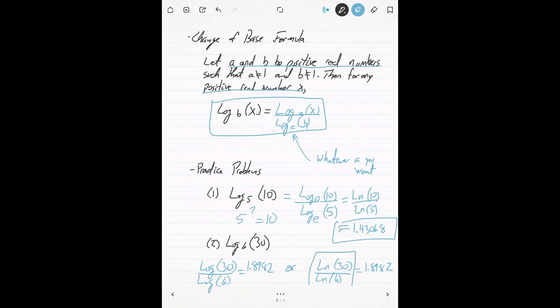Again, that's going to be on all scientific and graphing calculators. And I did the natural log of 30 over the natural log of 6, and I got the same value. So it doesn't matter what you pick for your base. Just make sure you're sticking to the proper form, and what we can now do is really go and evaluate any logarithmic expression simply using our calculator.